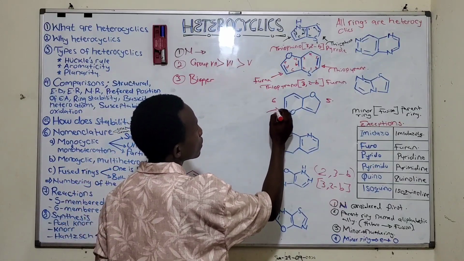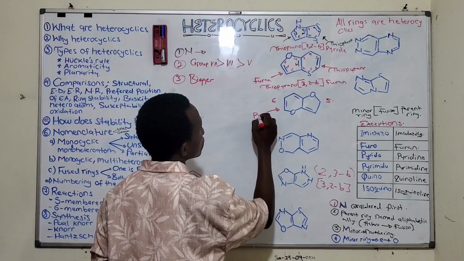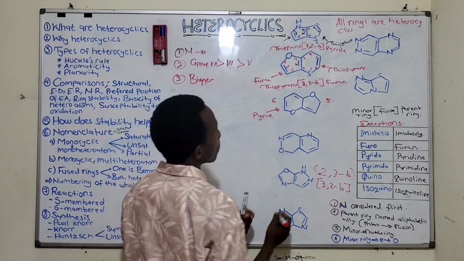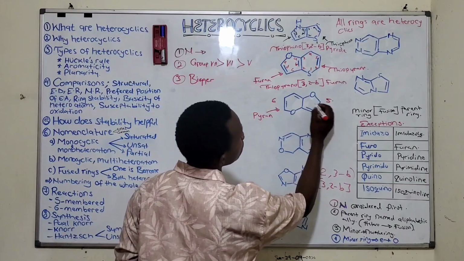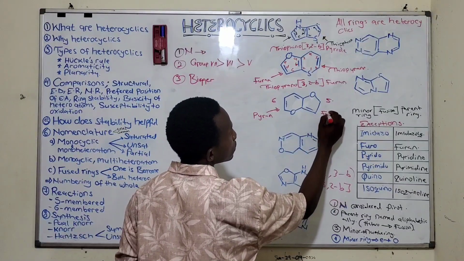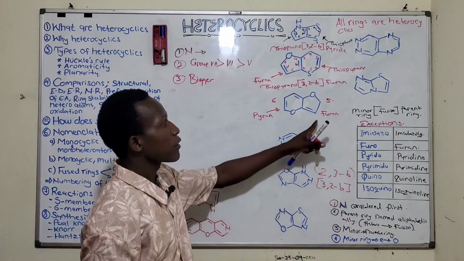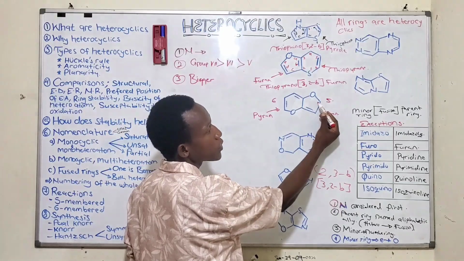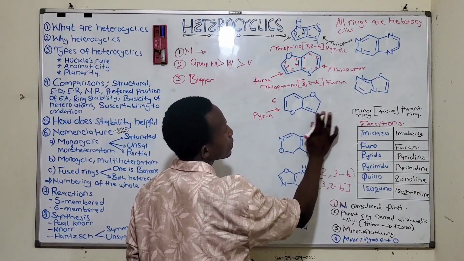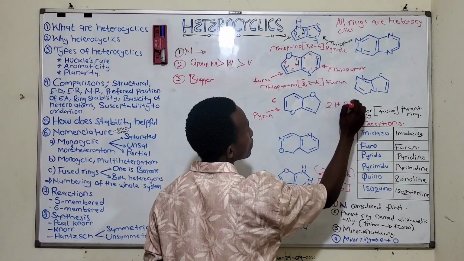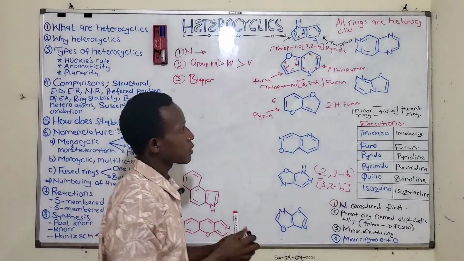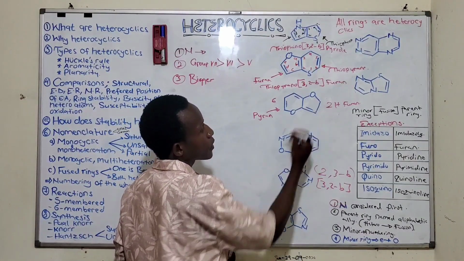This is pyran, and this one is furan. But we have a saturated carbon, so it is 2H furan.